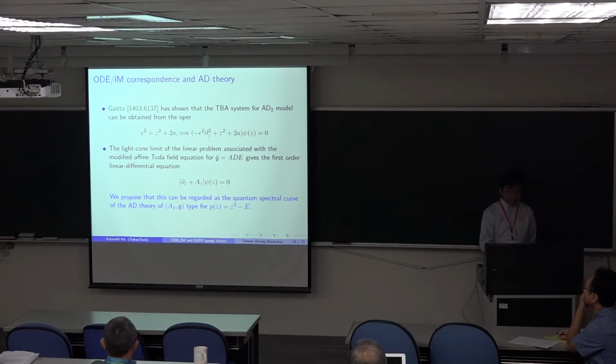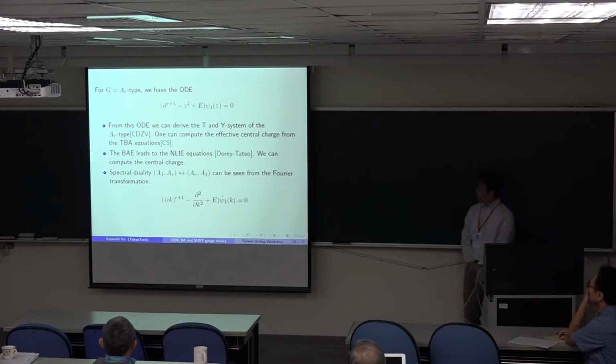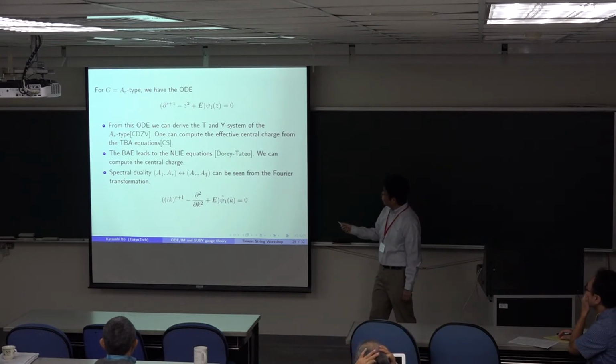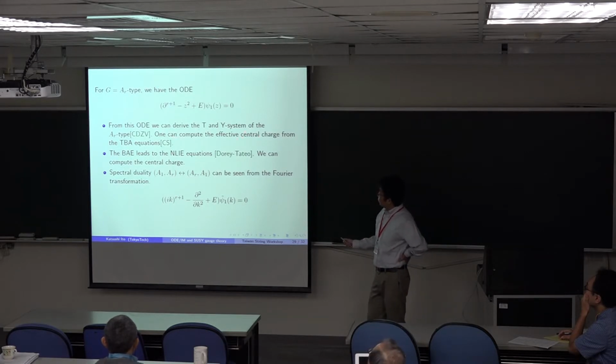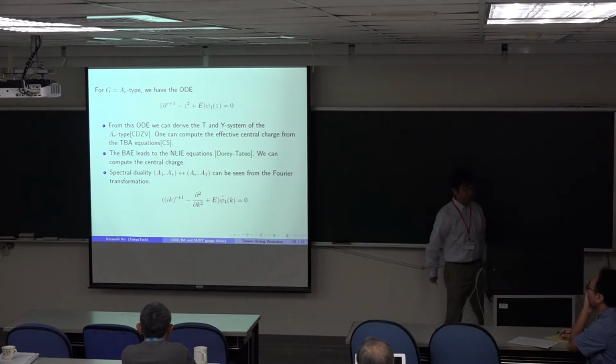So let us check this for A_r type. We have this kind of ODE, and from this ODE we can derive the T and Y systems, actually of this A_r type, obtained by Cecotti et al.